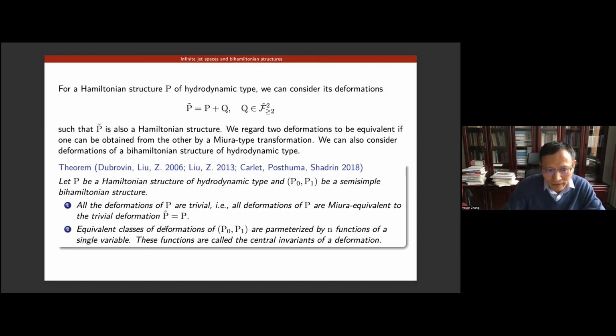Okay, and also we can consider deformations of semi-simple bihamiltonian structure of hydrodynamic type, and it says that the equivalence classes are parameterized by n functions of a single variable, and we call these functions the central invariants of the deformation. This means that these deformations are characterized by these n functions. Okay. They are called invariants because they are invariant under Miura type transformations. Okay.